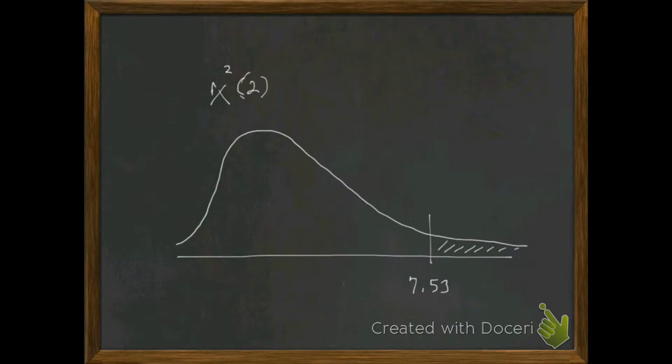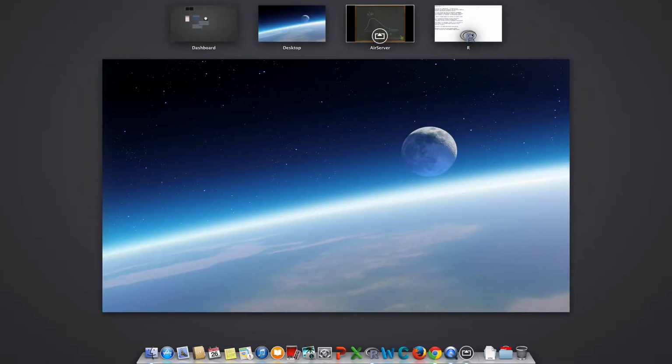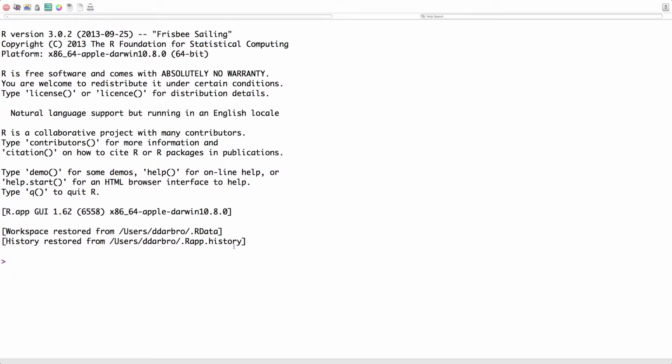Well, guys, what I'm going to do is use R. So I need the p-value, so I'm going to have p chi-square. And I remember I need the area above, so I'm going to have to do 1 minus. And I went 7.53, comma, degrees of freedom 2.